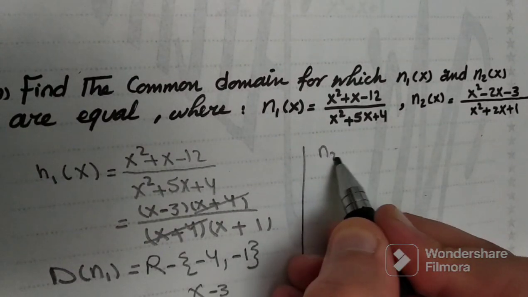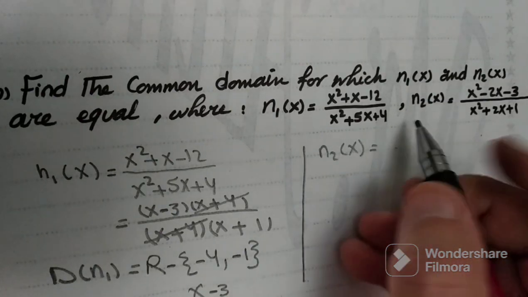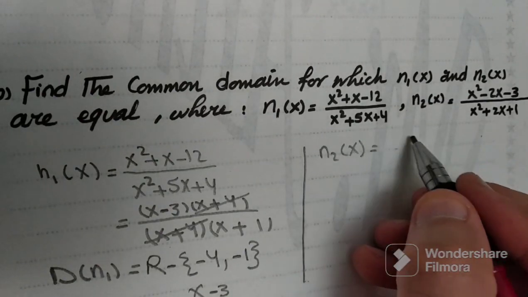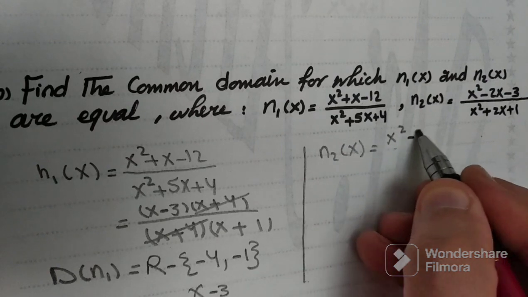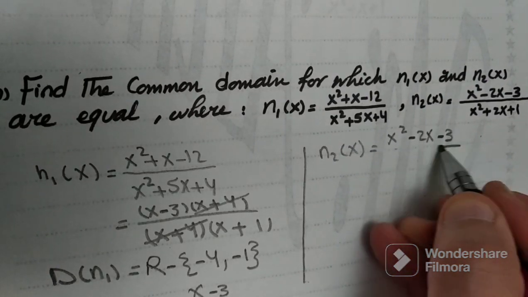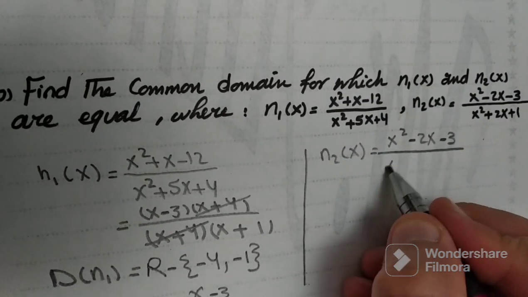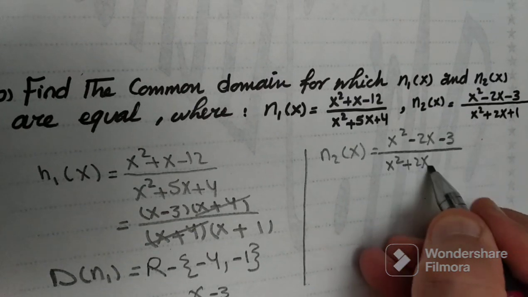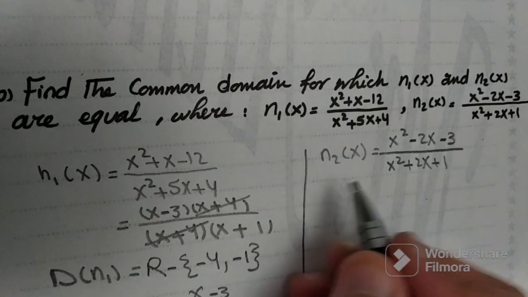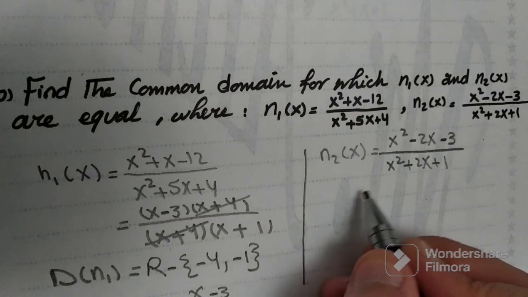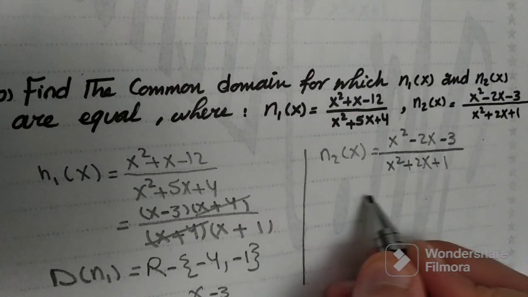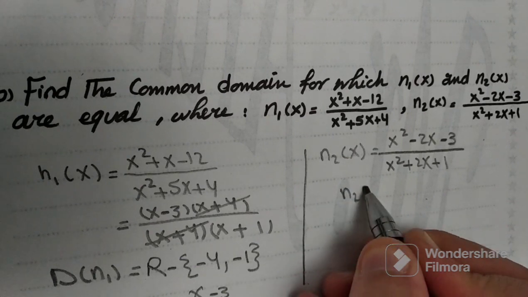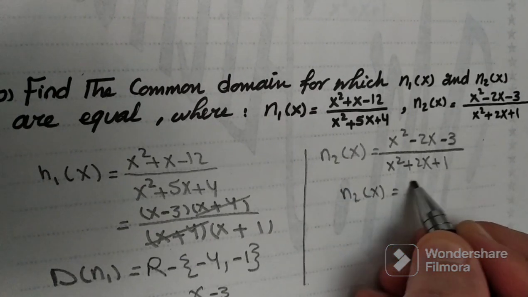n2 of x equals x squared minus 2x minus 3 over x squared plus 2x plus 1. Factorize n2 of x.